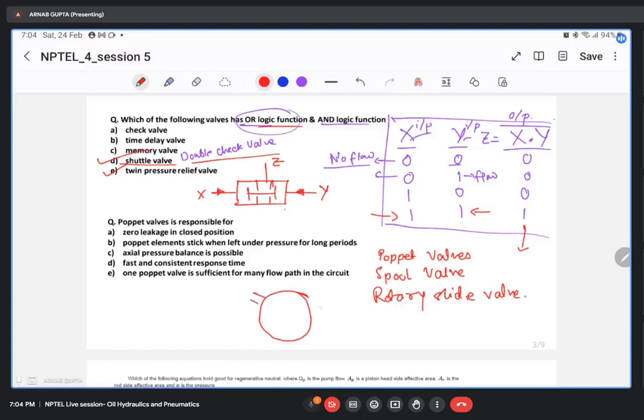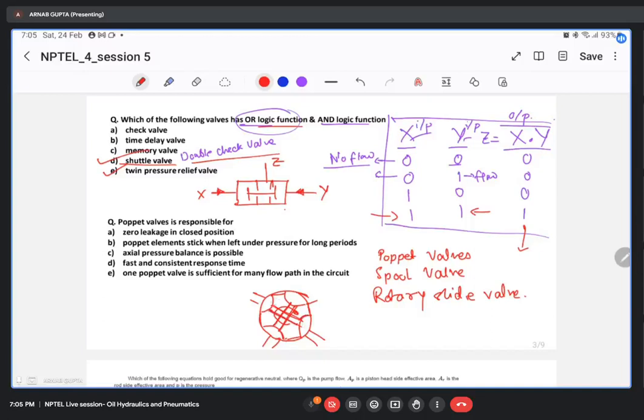On the outer casing, you will have the ports, pressure port and A and B ports, and on the inner side, you will have a rotating body, and these are connected through these channels.